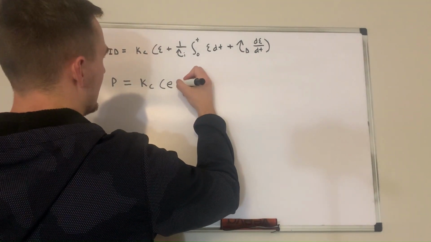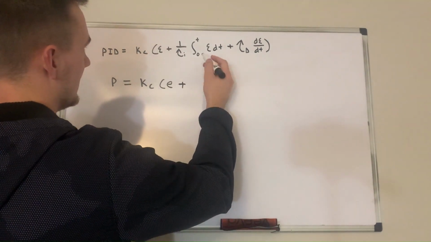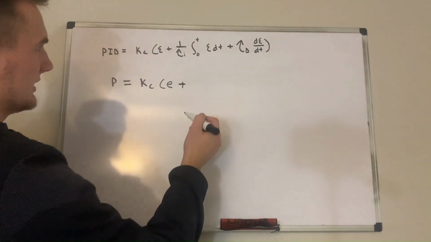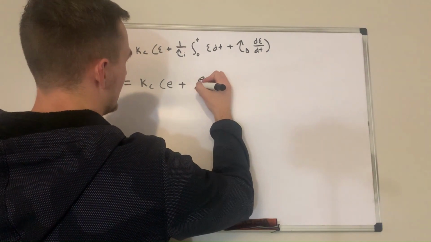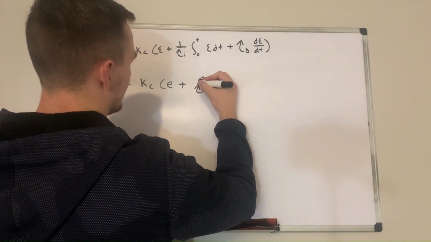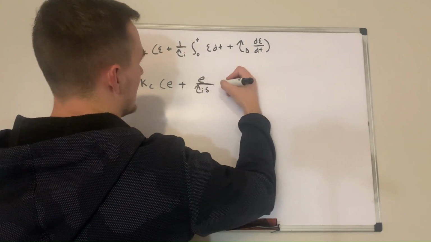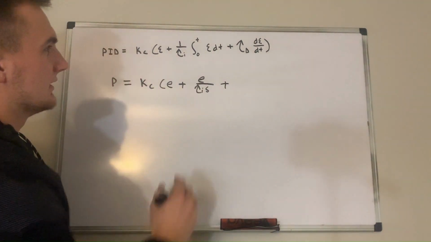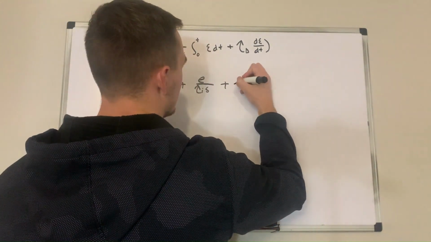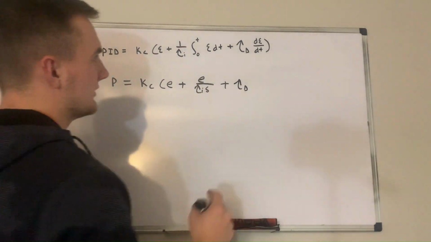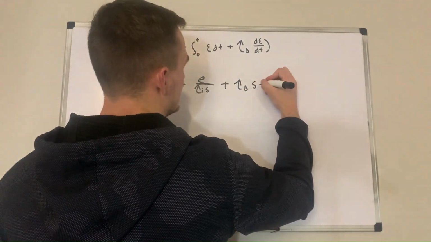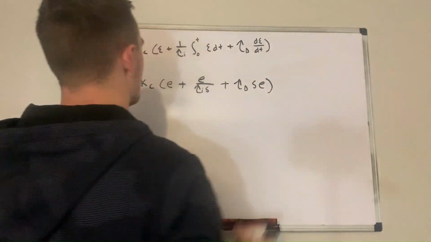Then we'll have 1 over S, because we're integrating, so we'll have E over tau_I S. And then adding on tau_D, the Laplace transform of the derivative is just S, and then E.